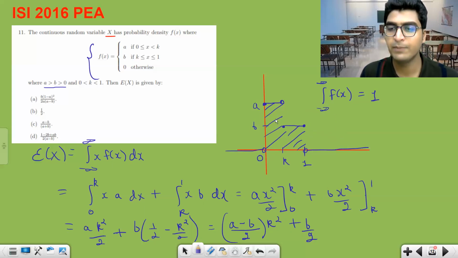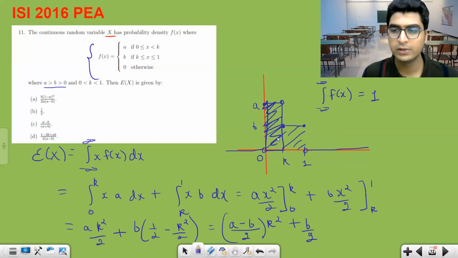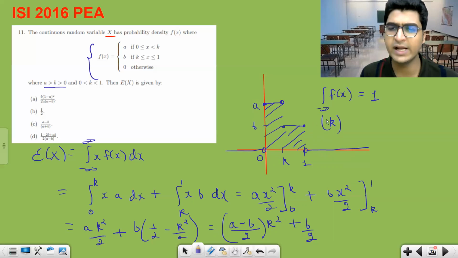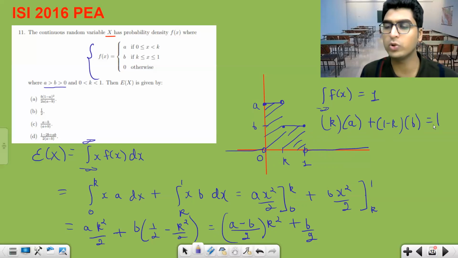So simply positive यहाँ पर है, and for all other values it is equal to 0. तो यहाँ पर हो गया ये. लेंथ इनटू ब्रेथ, दो रेक्टेंगल्स में डिवाइड कर लेते हैं. फर्स्ट रेक्टेंगल इज दिस वन. ठीक है, सो कितना है ये? ब्रेथ इज k and height is a, plus this is 1 minus k times b. This whole thing should be equal to 1.